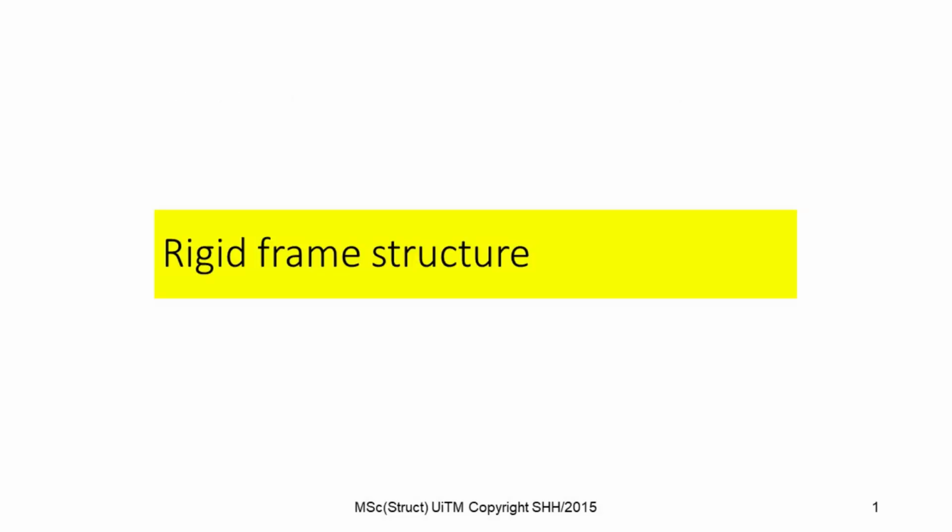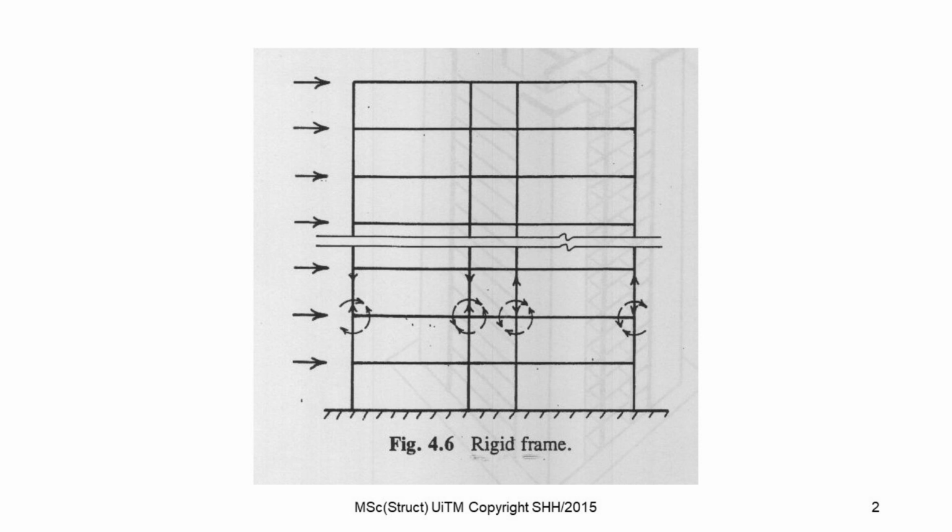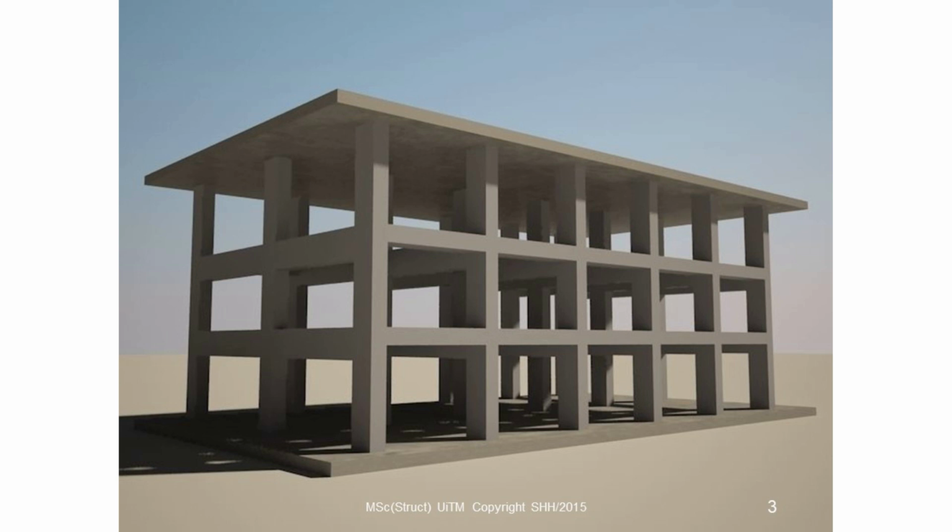The next type of structural form that you can propose in designing tall building structure is the rigid frame structure. In rigid frame structure, the behavior is governed by columns and girders joined by moment-resisting connections. The advantage of rigid frame structure is that it provides an open rectangular arrangement, thus easy to fit windows and doors.